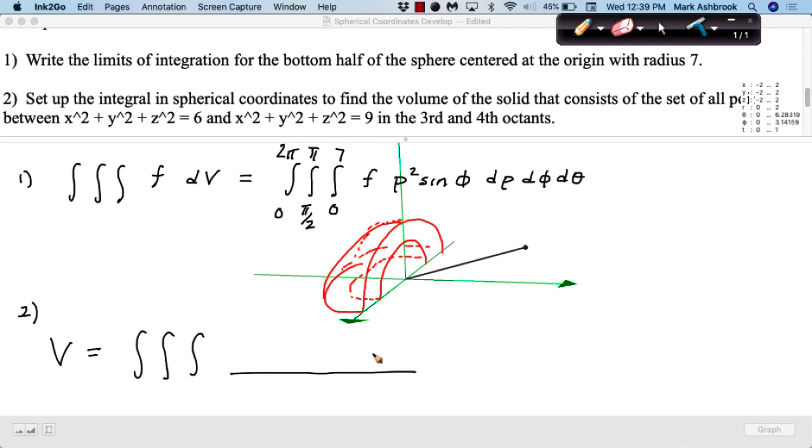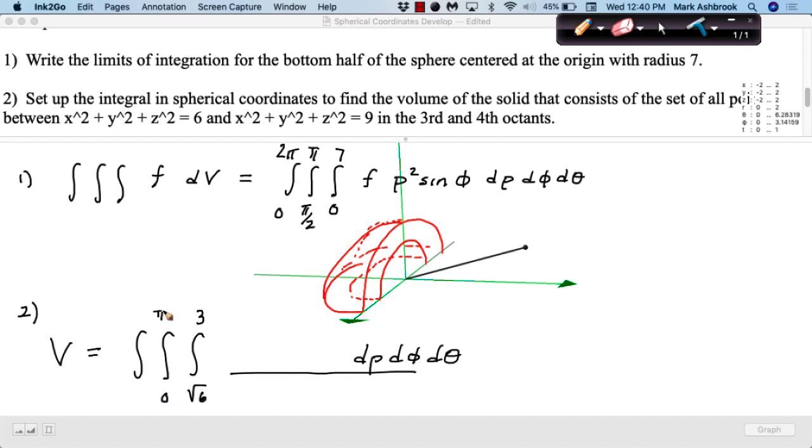Let's do d rho, d phi, d theta. So what was rho? From root 6 to 3. Good, okay? d phi, what will d phi be? You want 0 to pi over 2. Agree with that? Nice.